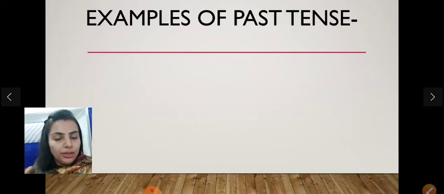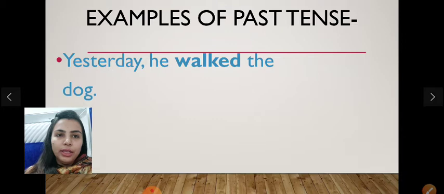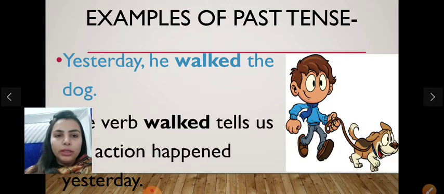Now see examples of past tense. See the first. Yesterday he walked the dog. The verb walked tells us about the action that happened in the past.